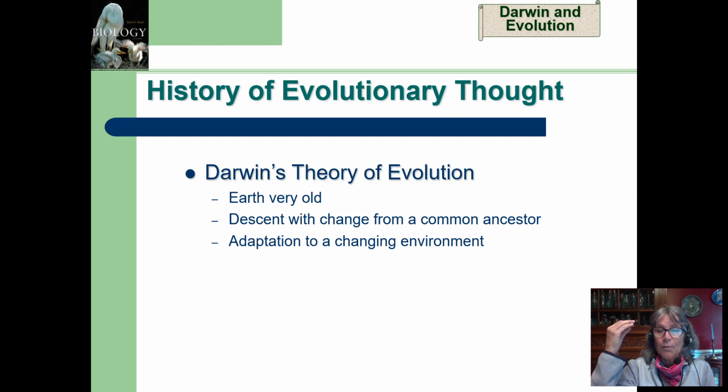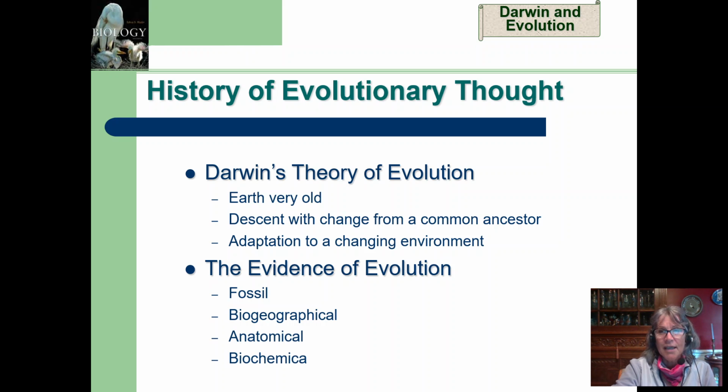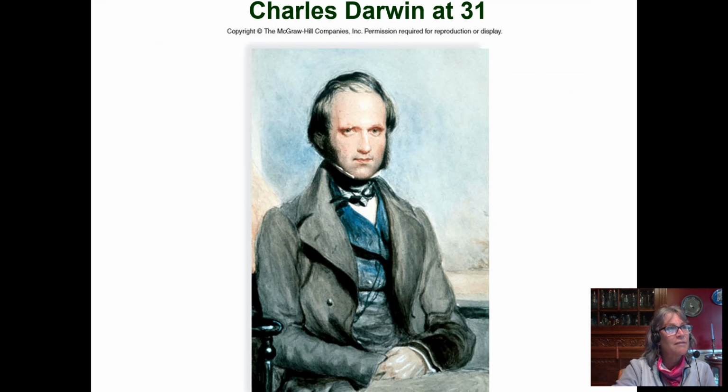What drives those changes is that organisms and populations adapt to a changing environment. The evidence that we will look at includes fossil evidence, biogeographical evidence, anatomical evidence, and biochemical and developmental evidence.